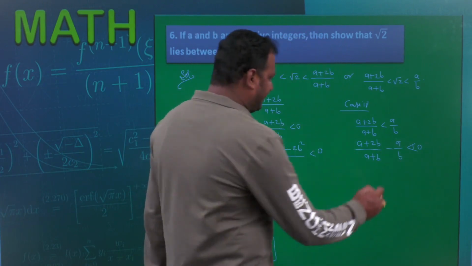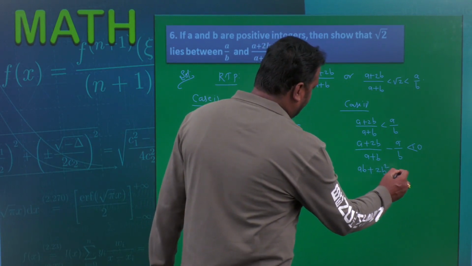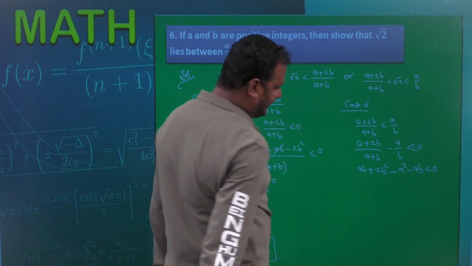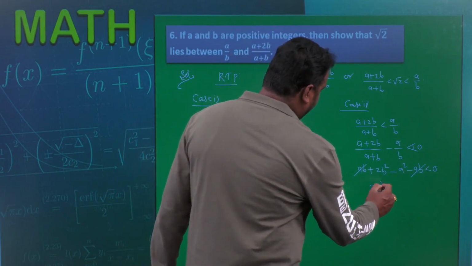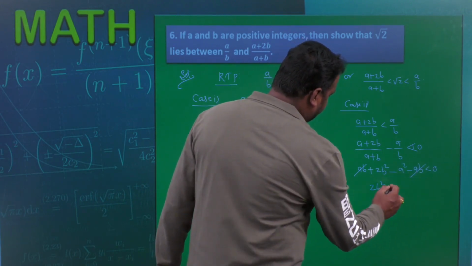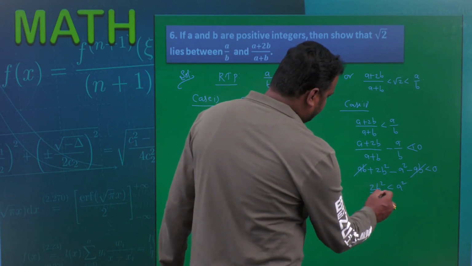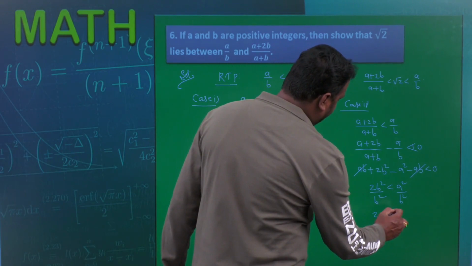Again, a into b is ab, plus 2b square, minus a square, minus ab, less than 0. I am writing directly. So ab gets cancelled. Here 2b square, transpose minus a square to that side, so 2b square is less than a square. Now transpose b square also, otherwise divided by b square. So 2 is less than a square by b square.